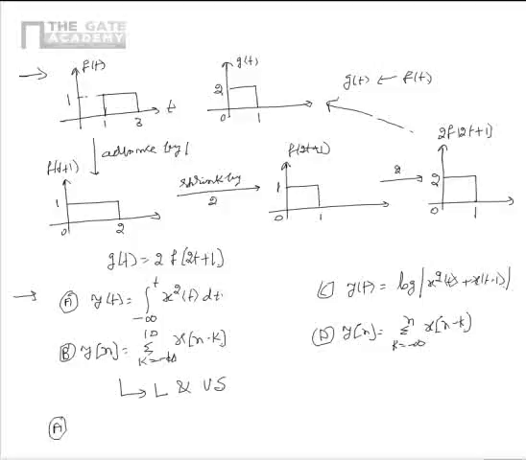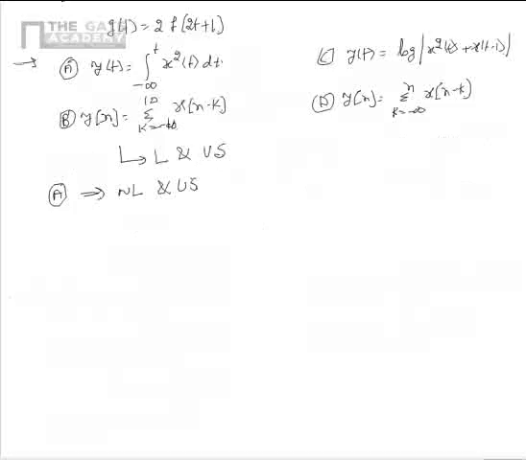We can see that option A doesn't satisfy superposition principle and is also not BIBO stable. Hence, it is nonlinear and unstable. If we see option B, we can see that it satisfies superposition principle, hence linear, and is also BIBO stable. And if you take option C, the system doesn't satisfy superposition principle and hence is nonlinear, and also the system is stable in BIBO sense.